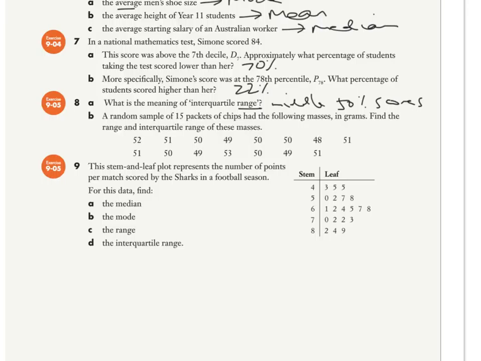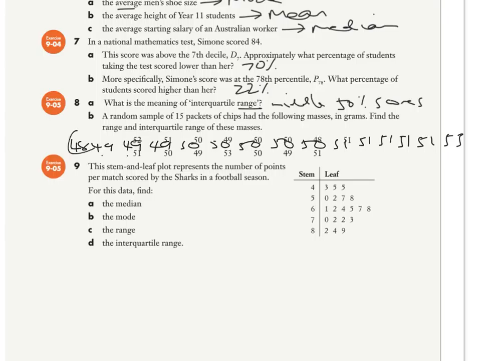So 48, 49, 49, 49, 50, 50, 50, 51, 51, 51 and 51, 52 and 53. Okay, so the middle of 15, or you can do 15 plus 1 is 16, divided by 2, is the eighth.